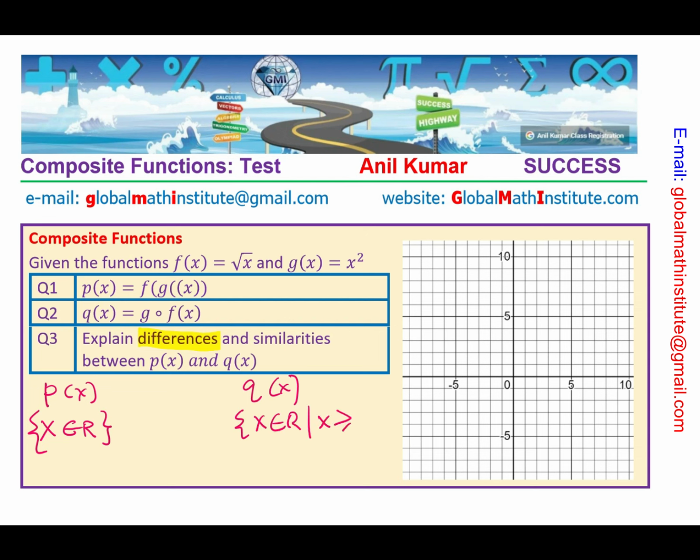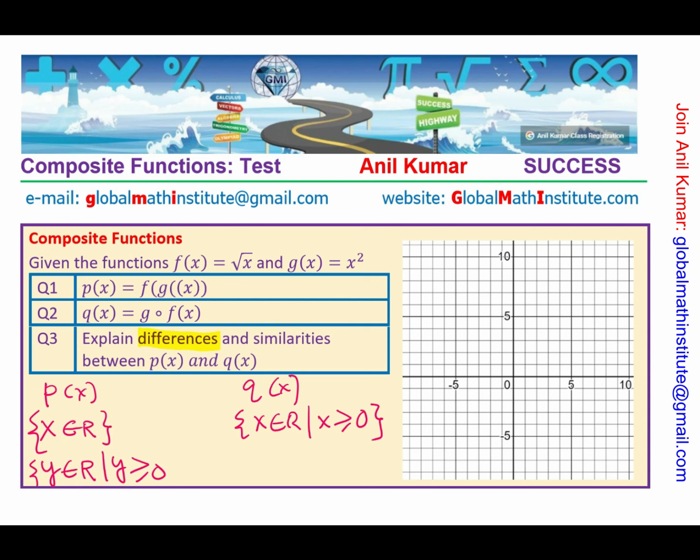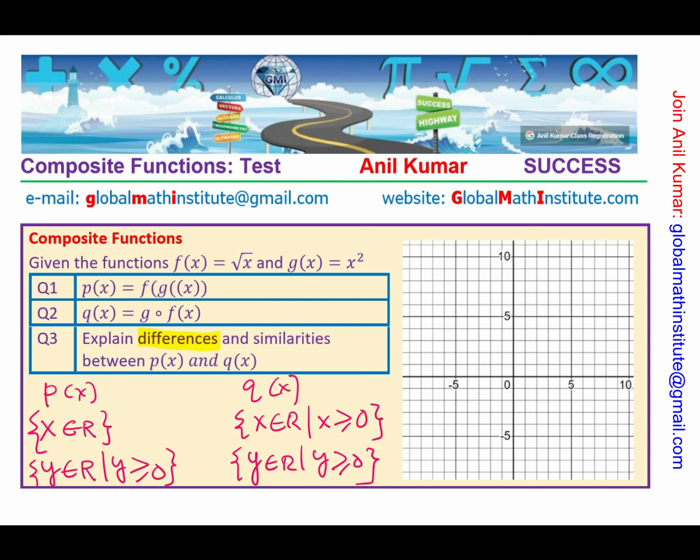However, x is greater than or equal to 0. You see that? Now, as far as the range is concerned, for both, y belongs to real numbers where y is greater than or equal to 0. So that is the same, right?